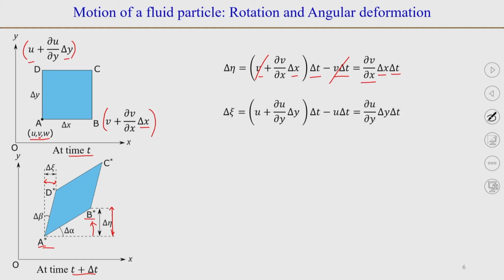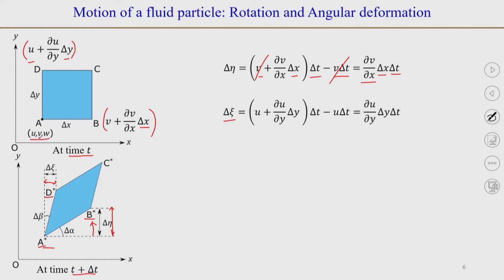Similarly, we can write an expression for delta psi, which is the displacement of point D with respect to point A in time delta t along the x direction.